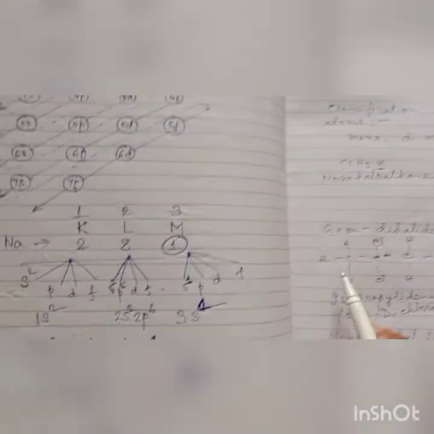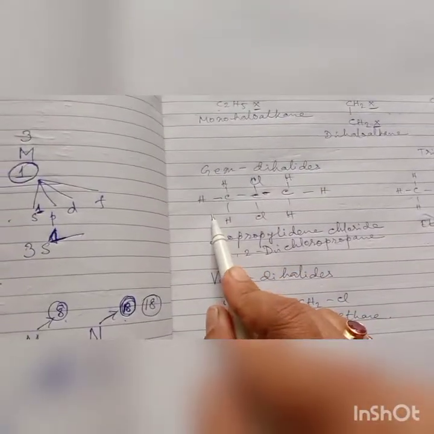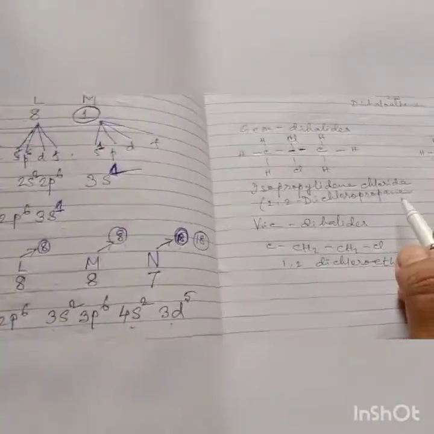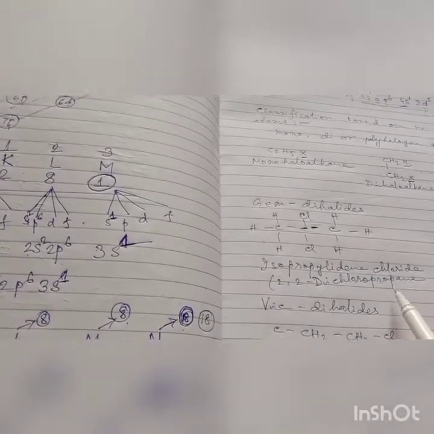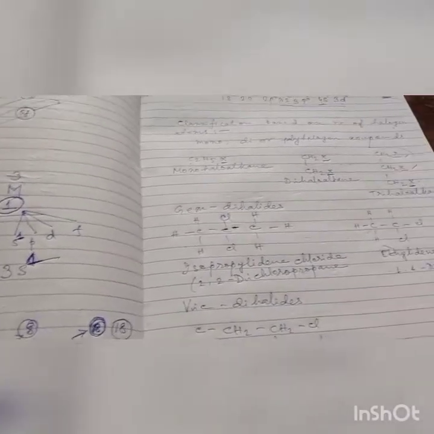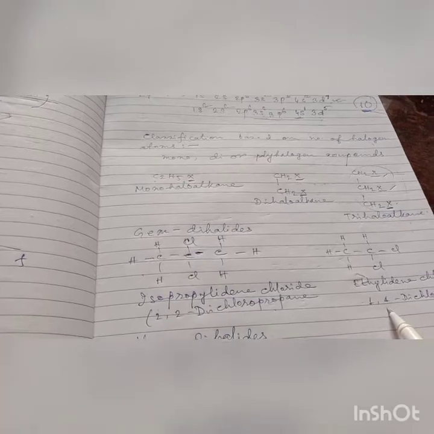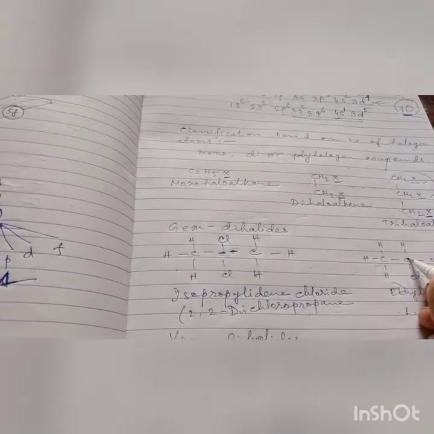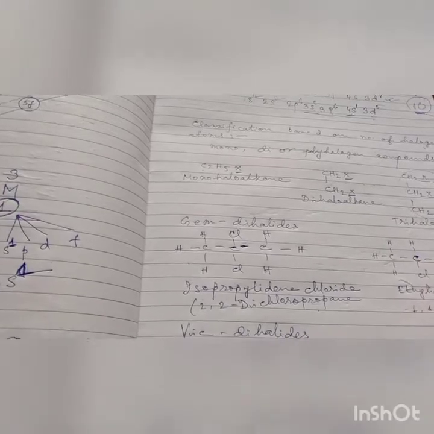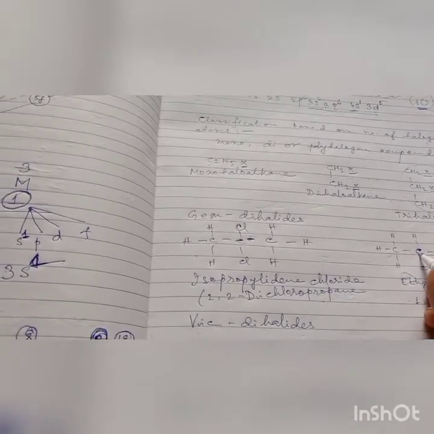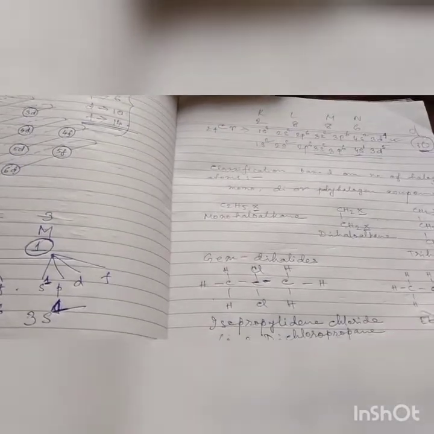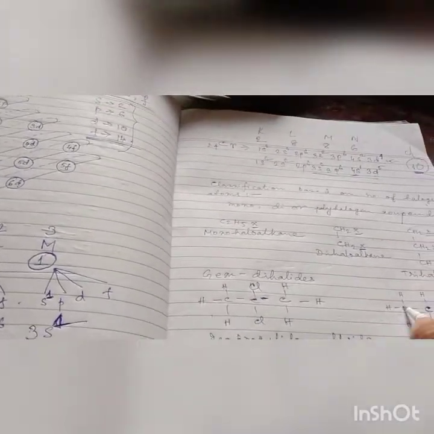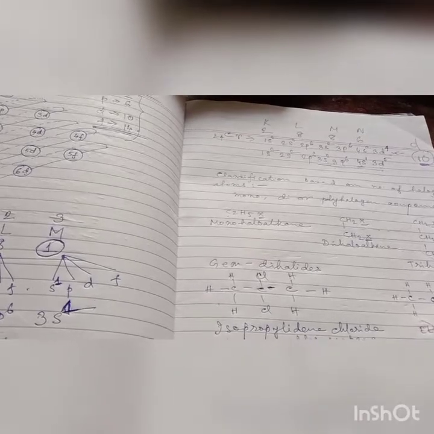This is a gem halide, and this is 2,2-dichloropropane, and this is 1,1-dichloroethane. 1,1-dichloro, that is, 2 chlorine atoms on the first carbon atom. Students, you can number the carbon atoms from your left side or right side.